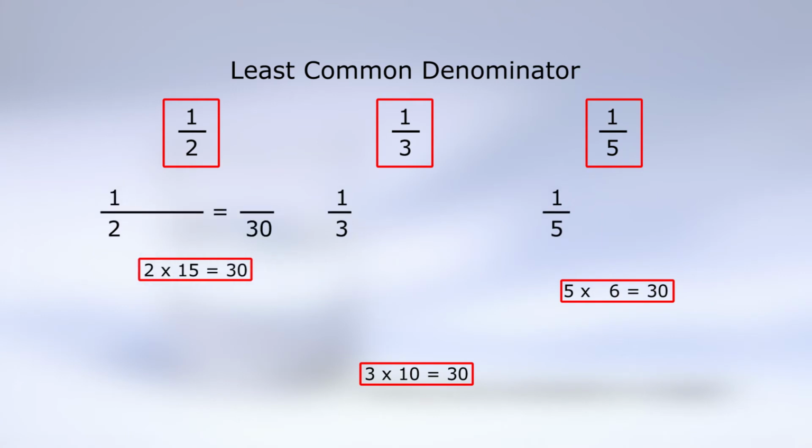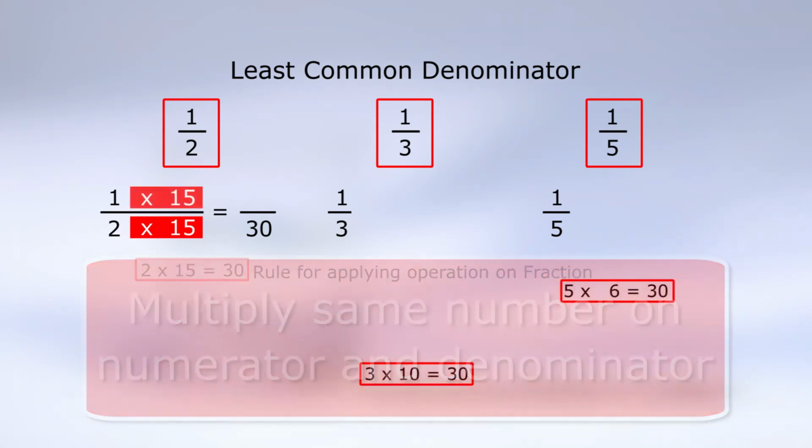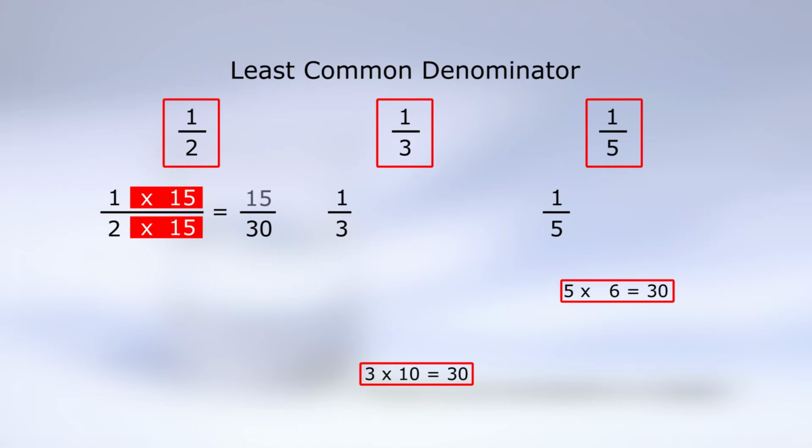For half, what number does 2 have to multiply with to get an answer of 30? That would be 15. By the rule we just mentioned earlier, we must multiply 15 on the numerator. So half can be represented as 15 over 30.